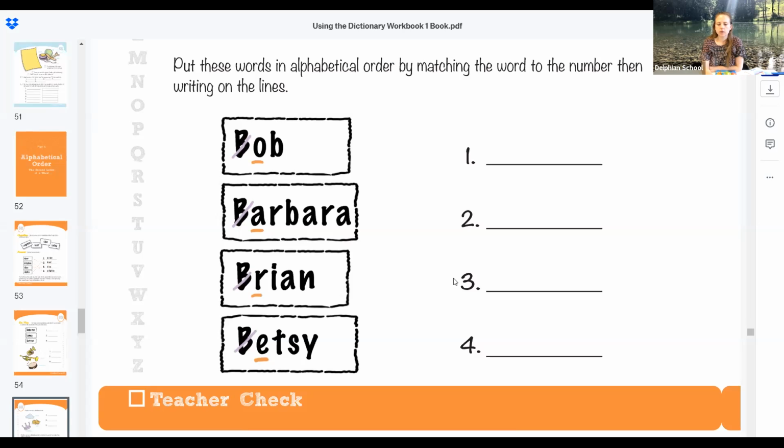Go team, go. Good. B-A, that's right, Milo. B-A, B-E, B-O, and B-R. That's exactly right. Good job.